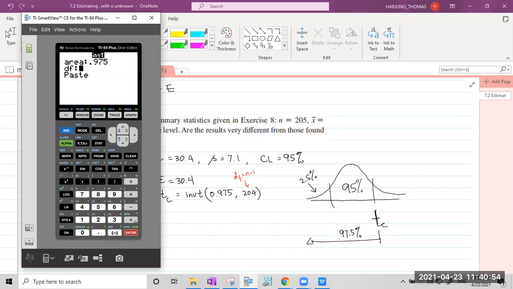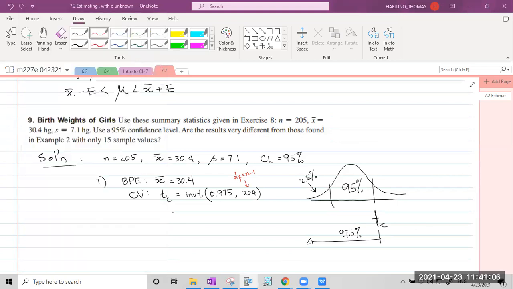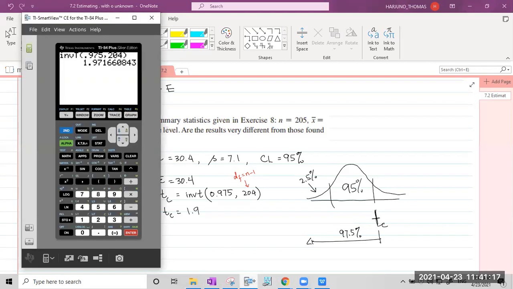The degree of freedom is always one less than the sample size. We get 1.97166. So the critical value will be 1.97166.